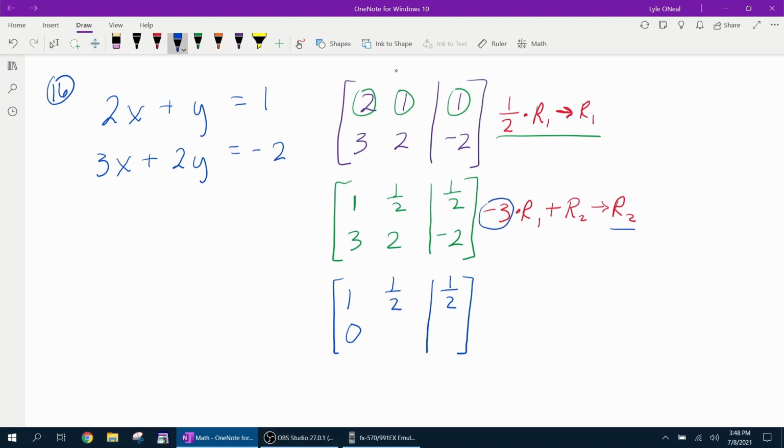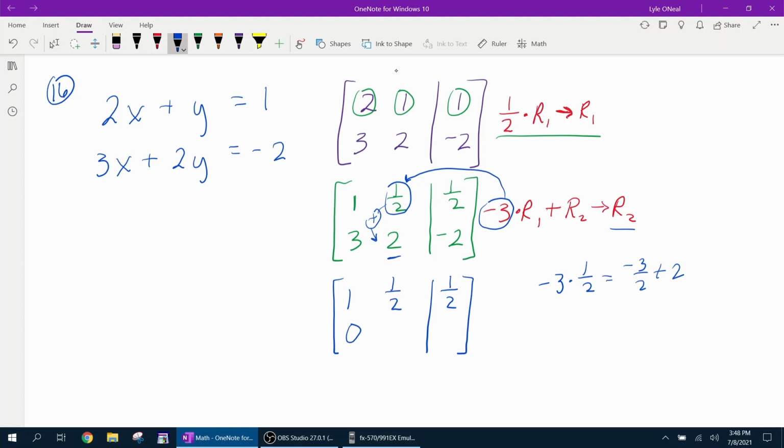Negative 3 times a half. What is negative 3 times a half? Well, that's going to be negative 3 halves, which I then have to add to the corresponding element in row 2. So I'm going to have to add 2 to that, which means I'm going to need either a common denominator or a calculator.